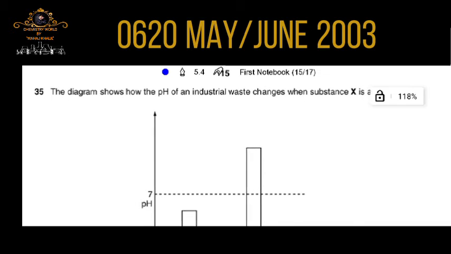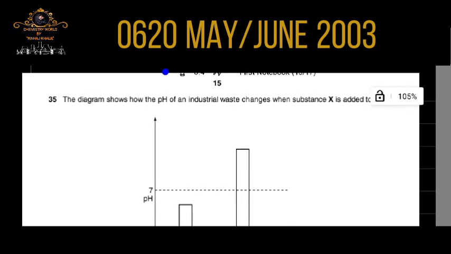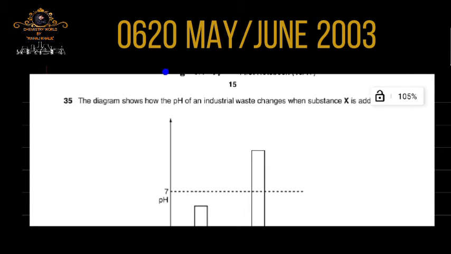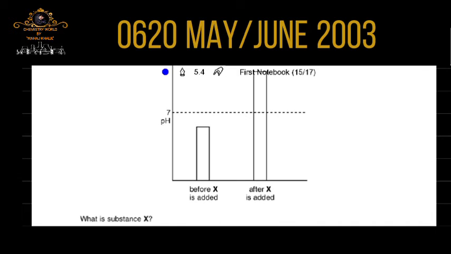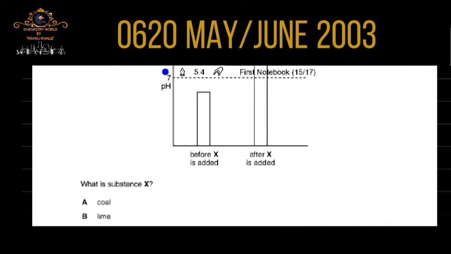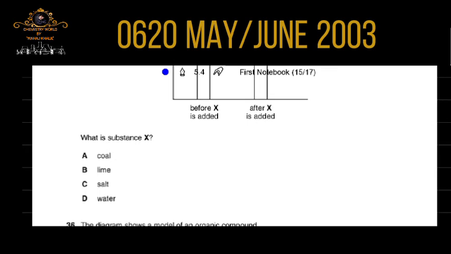The diagram shows how the pH of industrial waste changes when X is added to it. After adding X, it would be basic. What is the substance X here? Is it coal, is it lime, is it salt, or is it water?